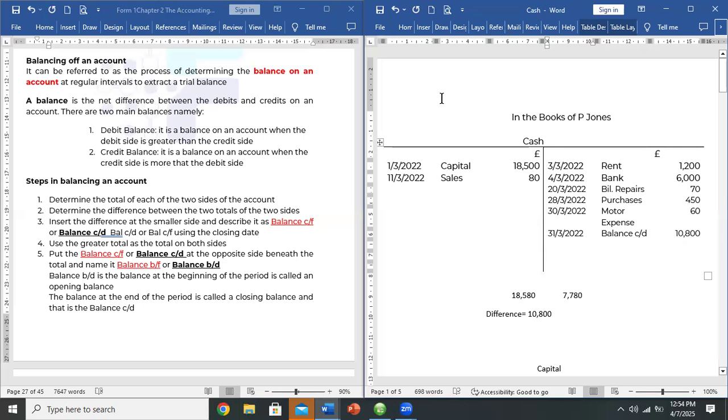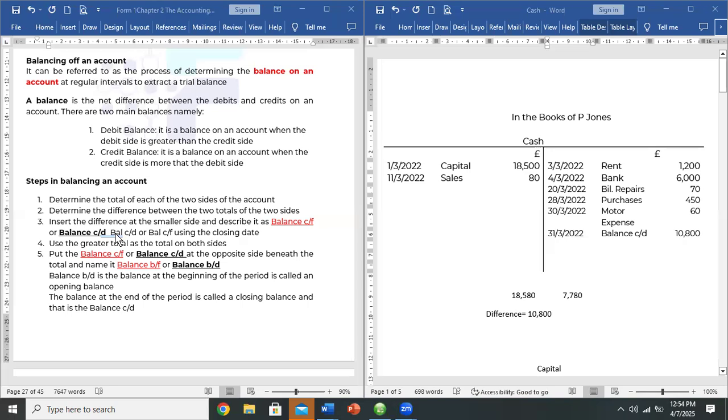Okay, Portia, let me hear your question. Sir, please, what's the meaning of CF? CD is carried down. CF is carried forward. So the understanding is that when you close your account this month, you'll be carrying the balance to the next period.